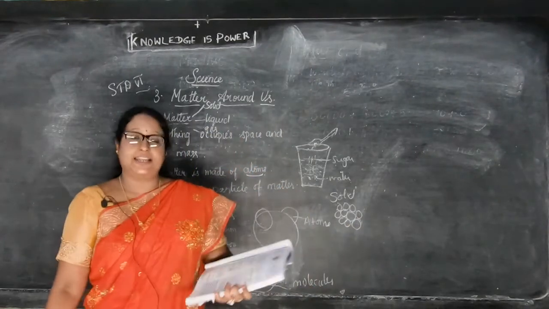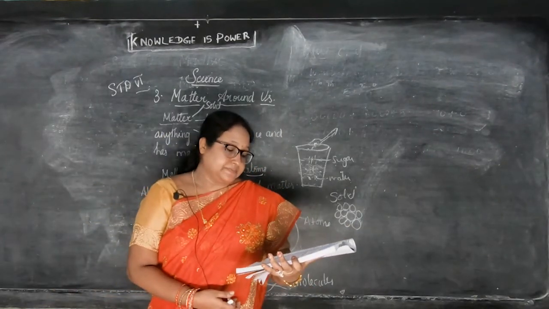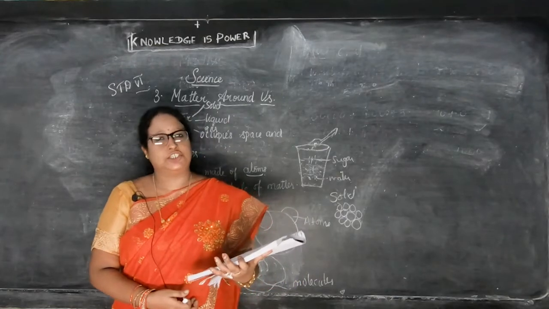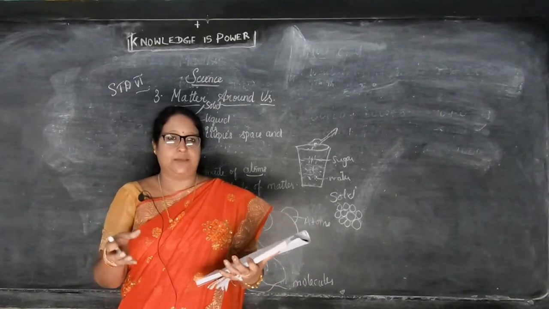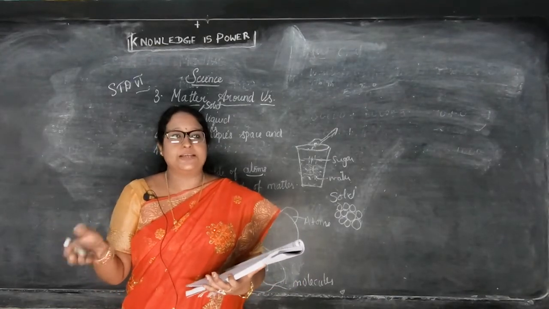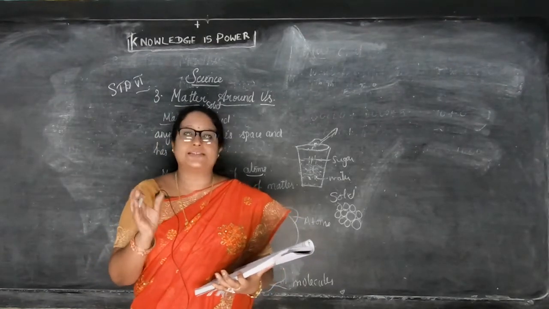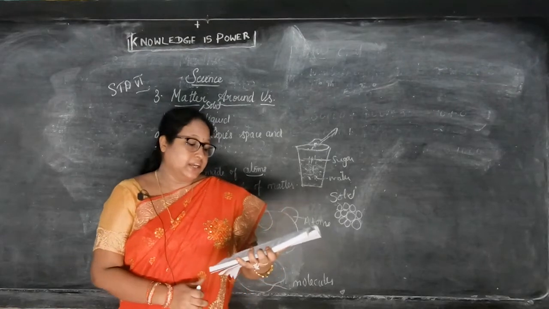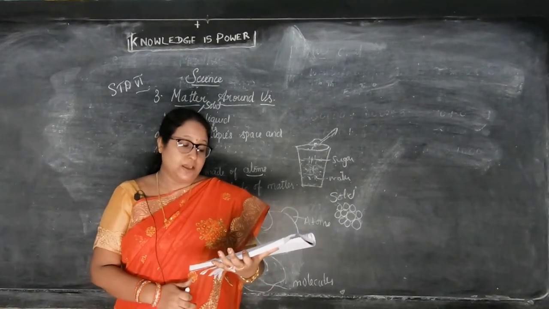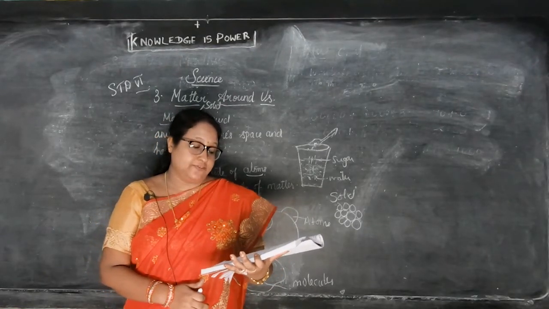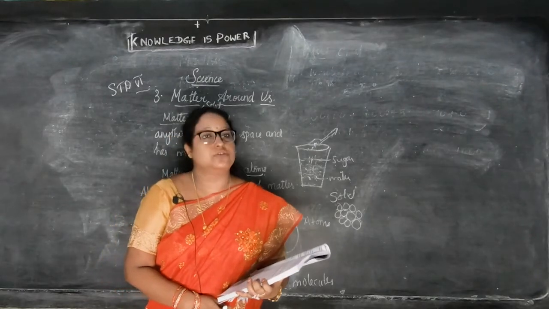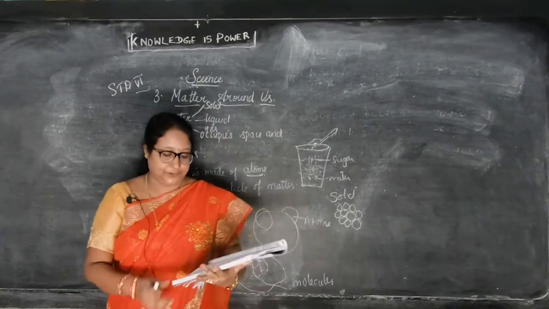Okay, they are tightly packed. Then, it has a definite shape. So if you keep a stone on the table or in any other place, the shape of the stone is not going to change for you. So it will be the same as it is. Then if you take the stone from the ground, place it on the table or shelf, its shape and volume do not change, as I already said for you.